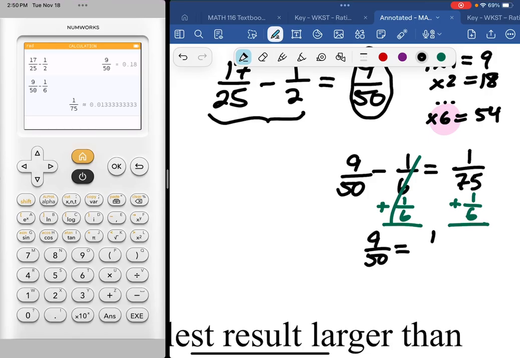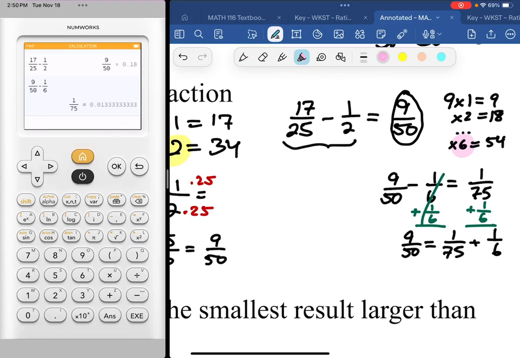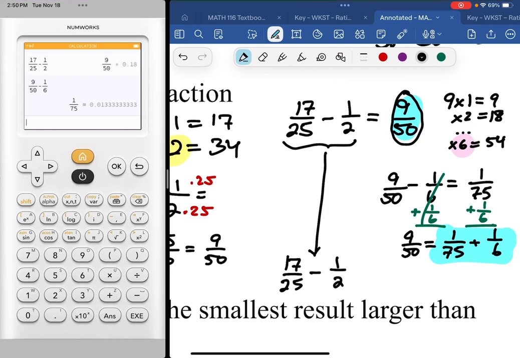I get 9 over 50 is equal to 1 over 75 plus 1 over 6. That's what 9 over 50 is equivalent to. So 17 over 25 minus 1 over 2, instead of being equal to 9 over 50, would be equal to 1 over 75 plus 1 over 6.